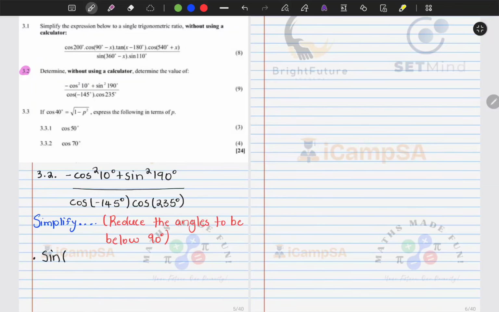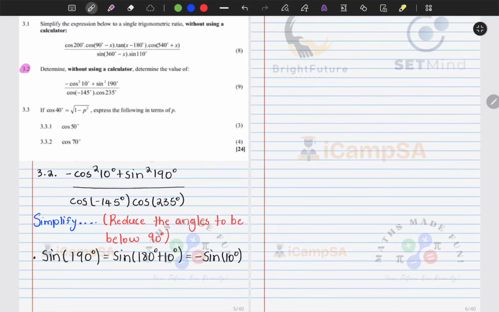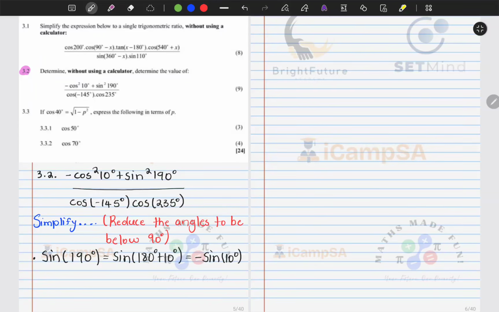We have sine of 190 degrees there, and we know it's going to be sine of 180 degrees plus 10 degrees. Sine of 180 plus an angle is the third quadrant, and sine is negative. So we can have negative sine of 10 degrees in place of sine of 190 degrees.